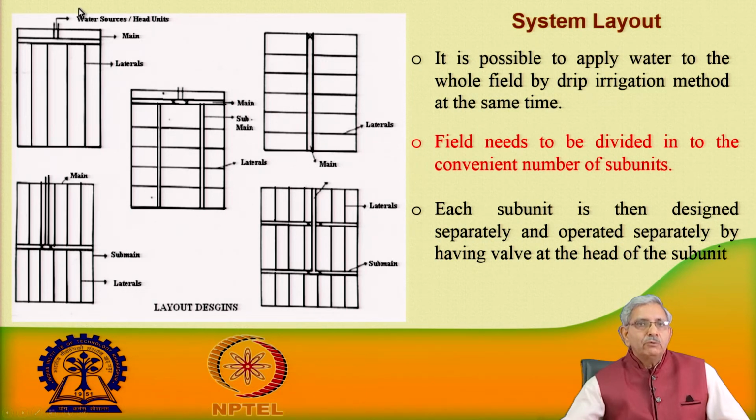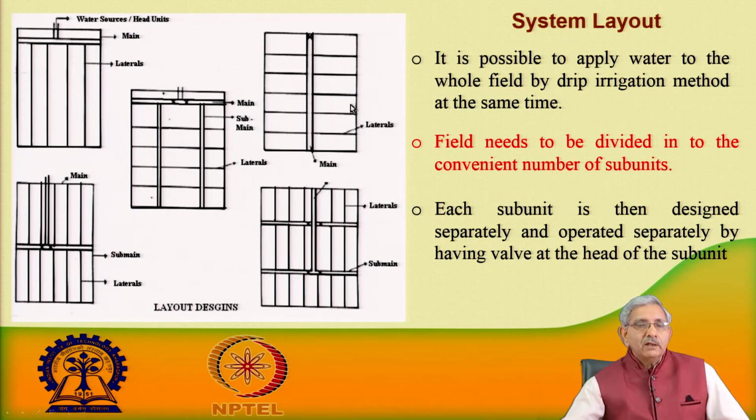So, this is the way that water is brought from the source of supply, the main is laid parallel to the width, and then the lateral pipelines are attached directly to the main. So, this is one kind of layout when your area is small and sub mains are not used.